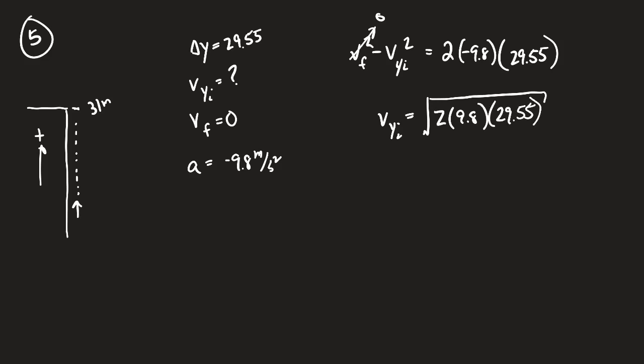I canceled the 2 negative signs, by the way, this one and this one. The square root is 24.06 meters per second.